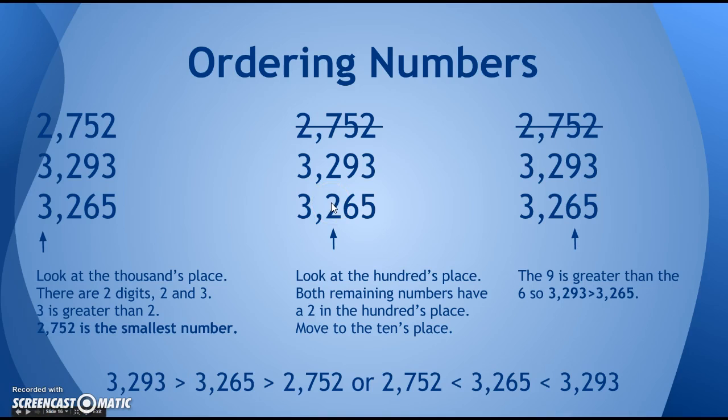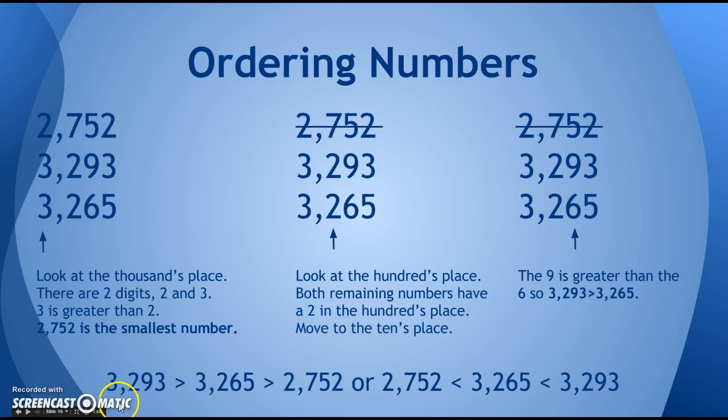So I need to go next door to the tens column. In 3,293, I have a 9 in the tens column, and in 3,265, I have a 6 in the tens column. So the 9 is greater than the 6. So then we know 3,293 is greater than 3,265.